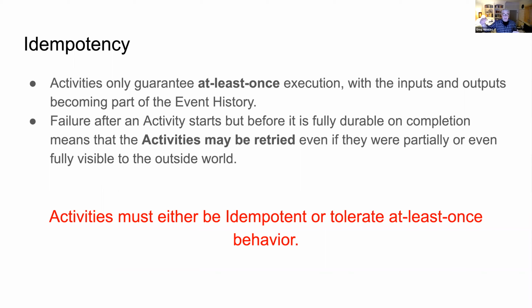So there's a window of time where your activity may have started and partially run, or even completely run, but not come all the way out to be durable on the exit, and there's a failure which will rerun the activity. So you want to design them to be aware that it's at least once, and either make them idempotent or in other ways tolerant of at least once behavior. So, a couple tips on that.